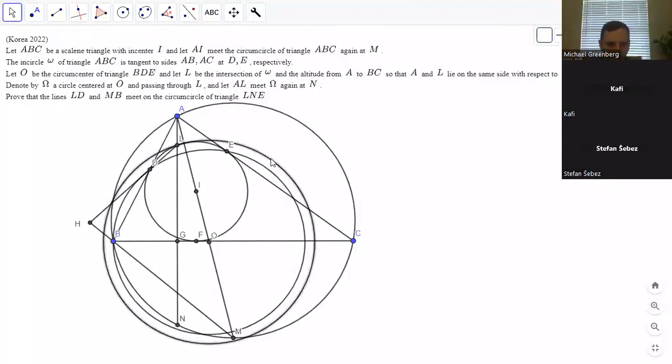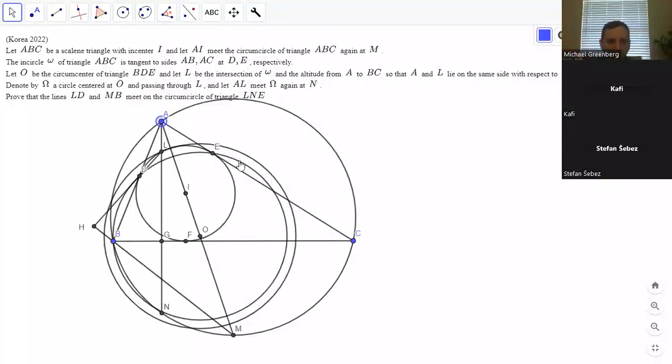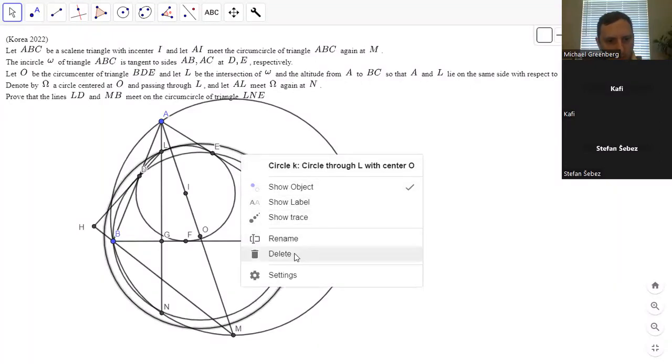We have... I forgot what this circle is right here. So this is BDE. And this, what is this circle?